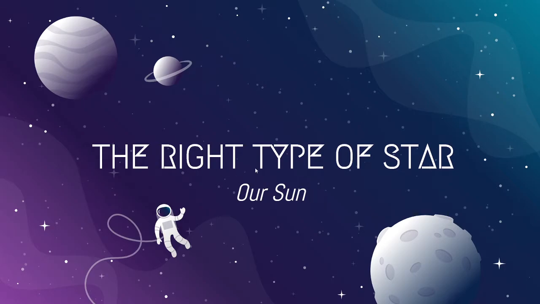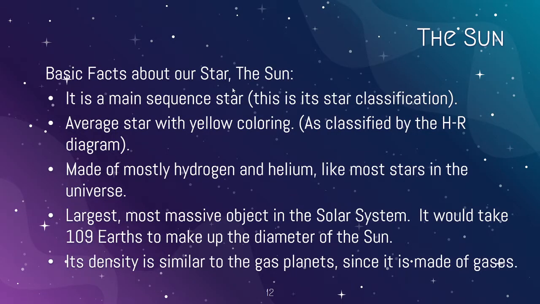Okay, so what we need to focus on are the types of stars that are out there. Obviously, the sun, our star, is the right type of star. The sun is just the name of our star. There aren't other suns, so to speak, out there. The sun, you can see here, is called a main sequence star. That's its classification. There are a lot of main sequence stars.